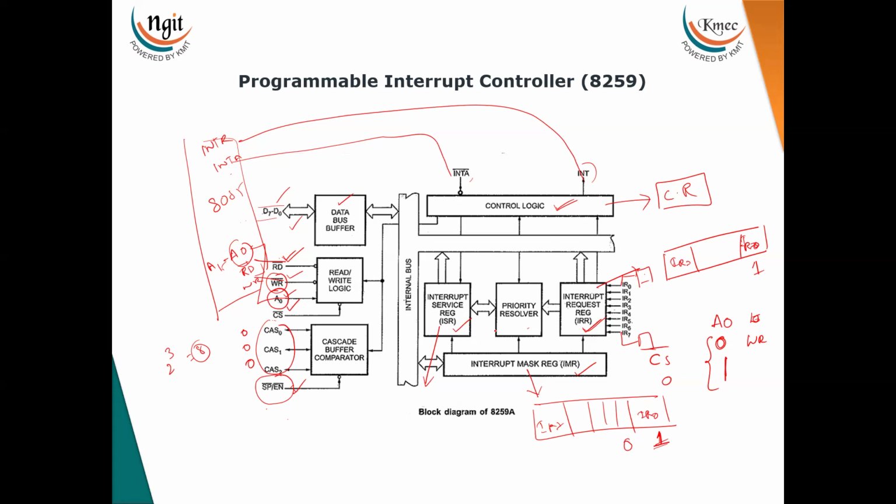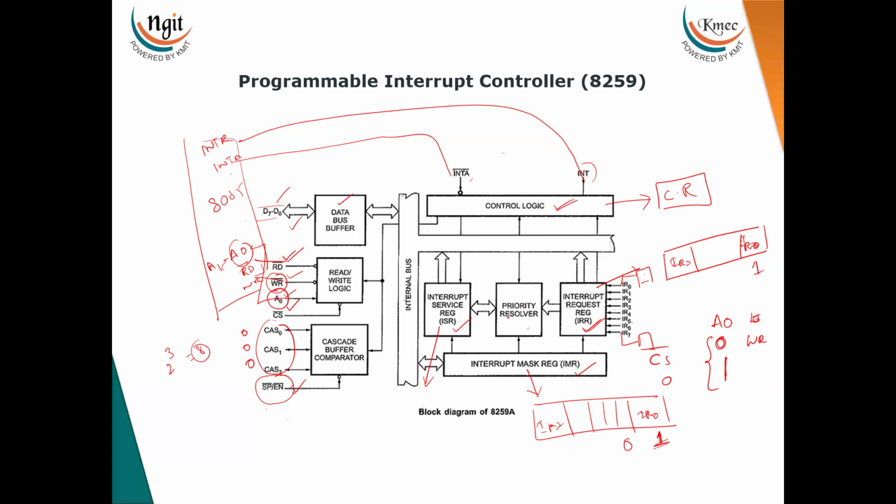According to the priority, the interrupt with the highest priority is set into the ISR, and whichever interrupt is set in the ISR, that bit is immediately reset in the IRR. This is about the priority resolver. After selecting the interrupt, that interrupt signal is given to the INTR. Now this is about the block diagram.